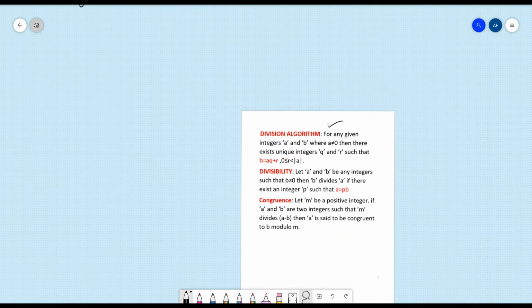As you can see here, the definition of divisibility I have also written here, that is, let a and b be any integers such that b is not equal to 0, then b divides a if there exists an integer such that a is equal to b times that integer, where a can be written as a multiple of b.